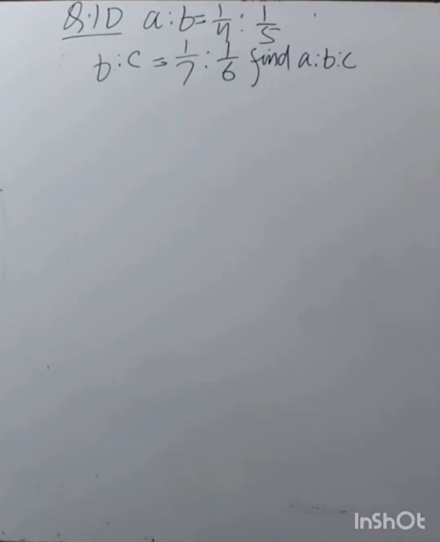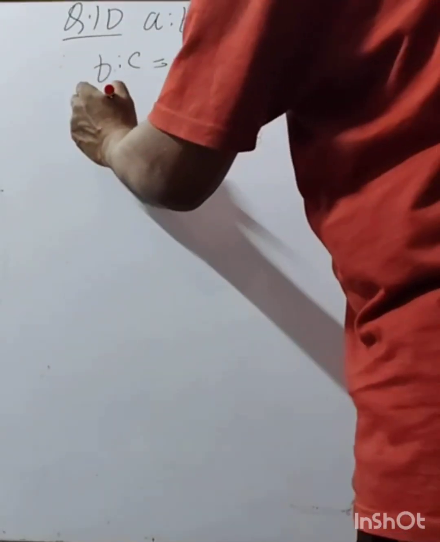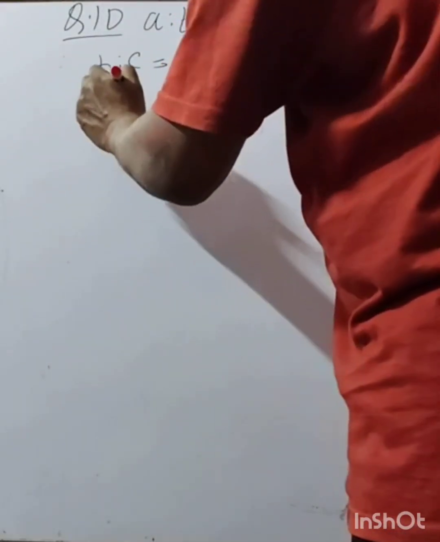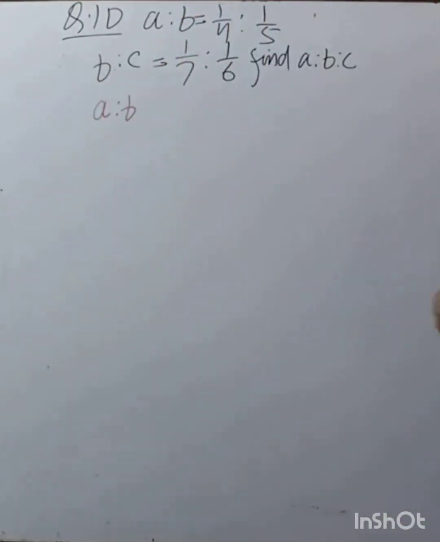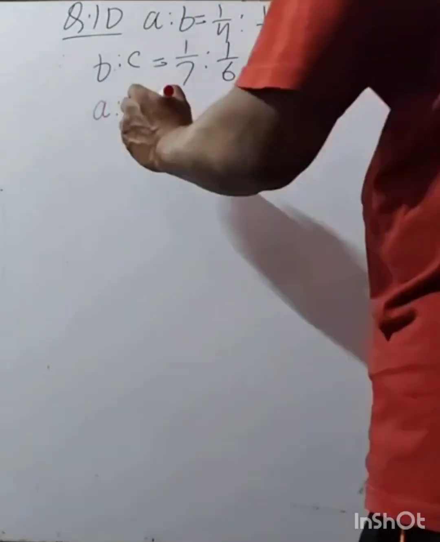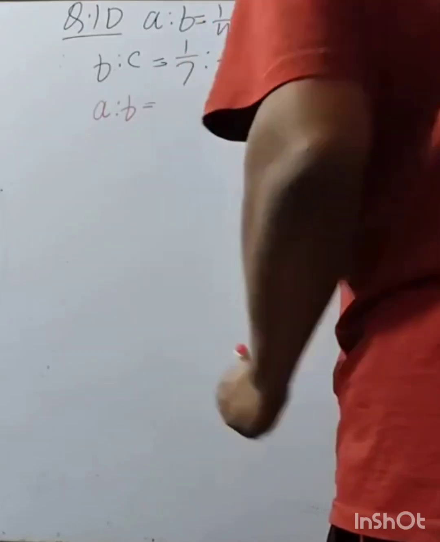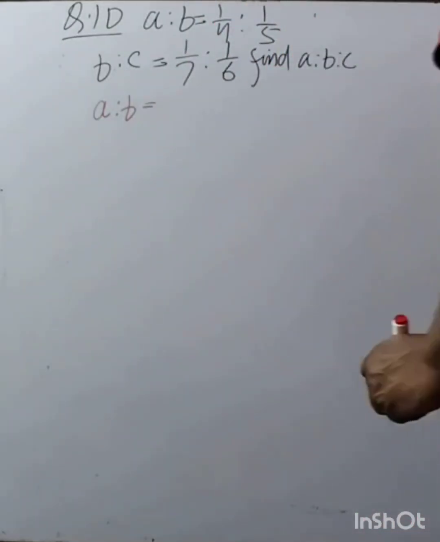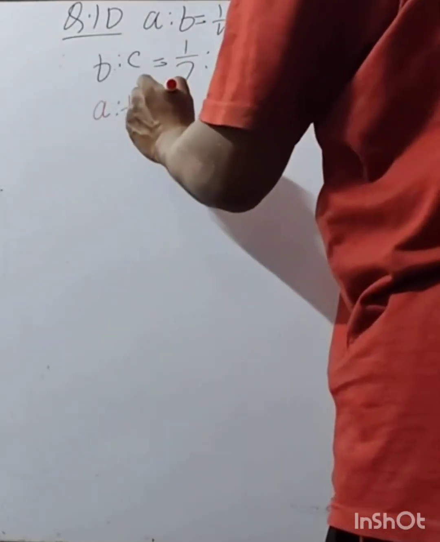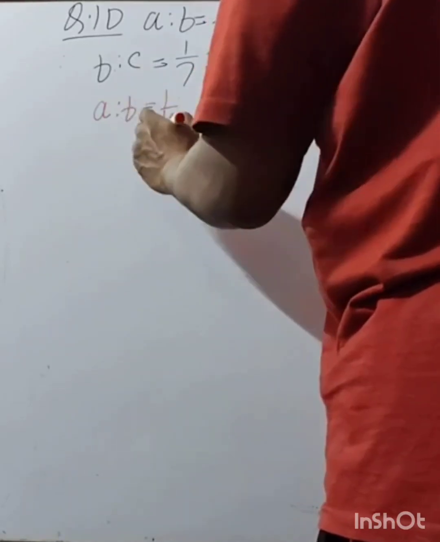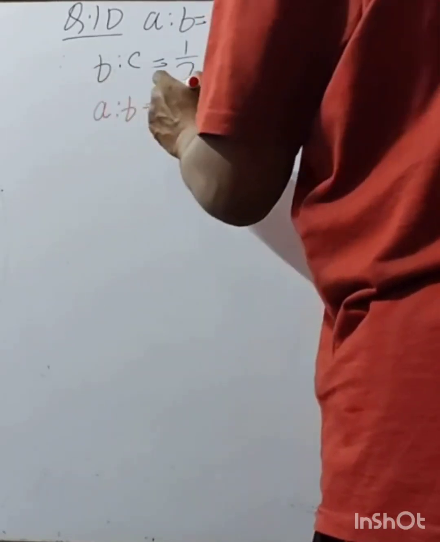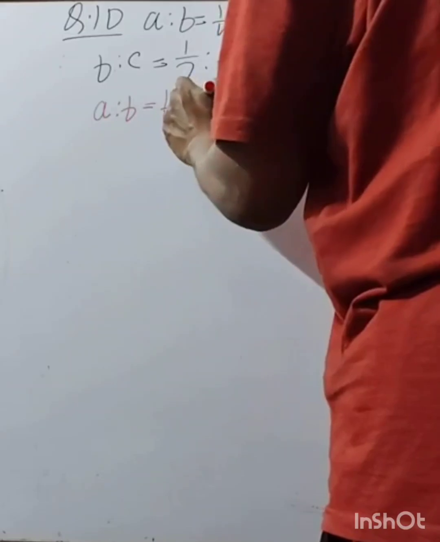So if you are doing this, A ratio B is equal to 1 upon 4 ratio 1 upon 5.